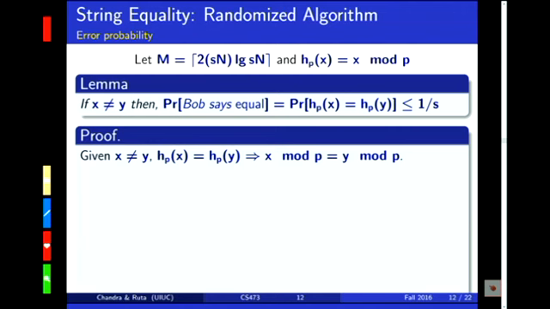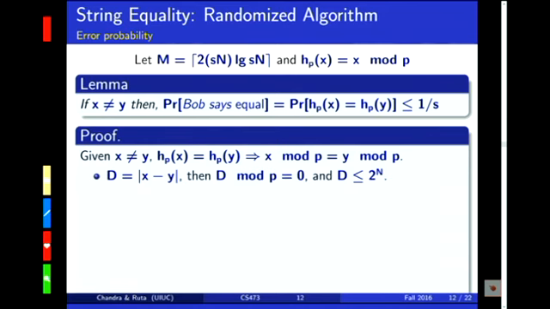Again, if this happens, that means x mod p equals y mod p. So let's look at the difference d between x and y. It has to be the case that d mod p is 0 because of this equality, and also that d has to be at most 2 to the n. Why is that?